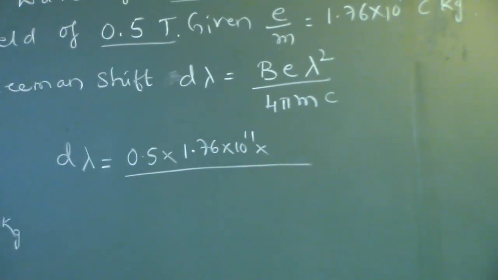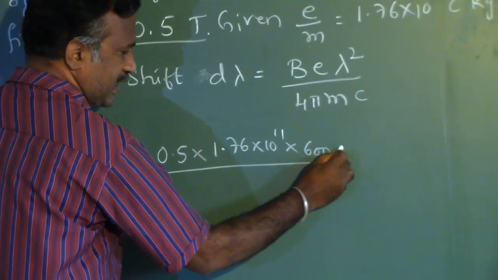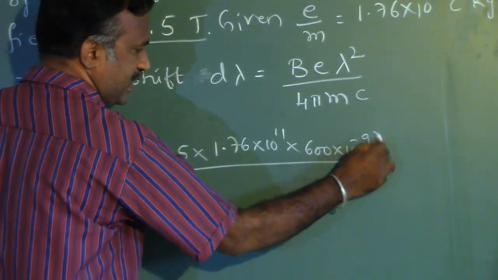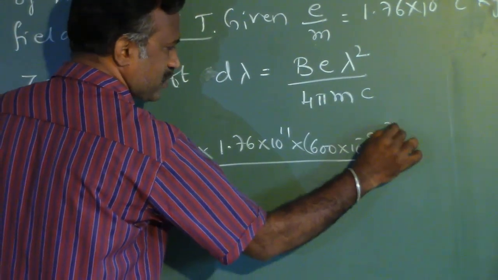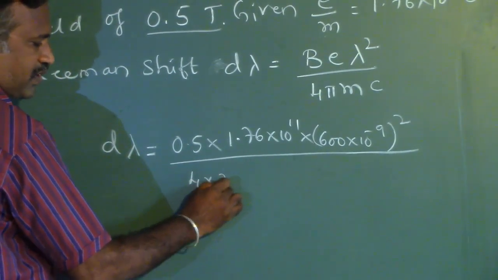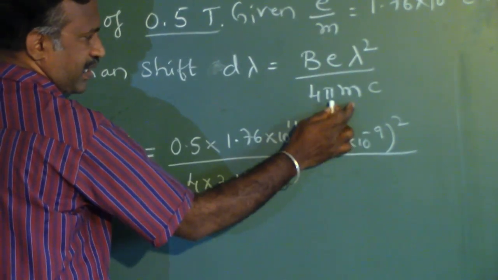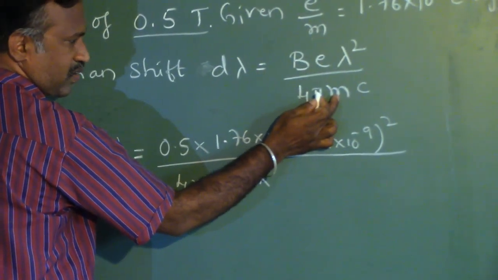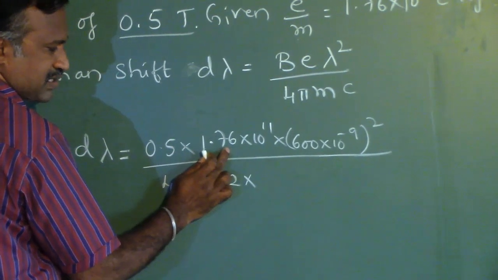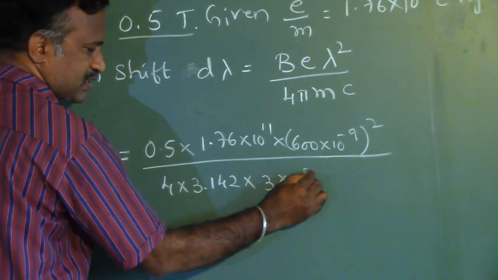The wavelength is 600 nanometer, so it is 600 into 10 to the power of minus 9, and since it is lambda square, we put a square here. This is divided by 4 into the value of pi, 3.142, and the speed of light.